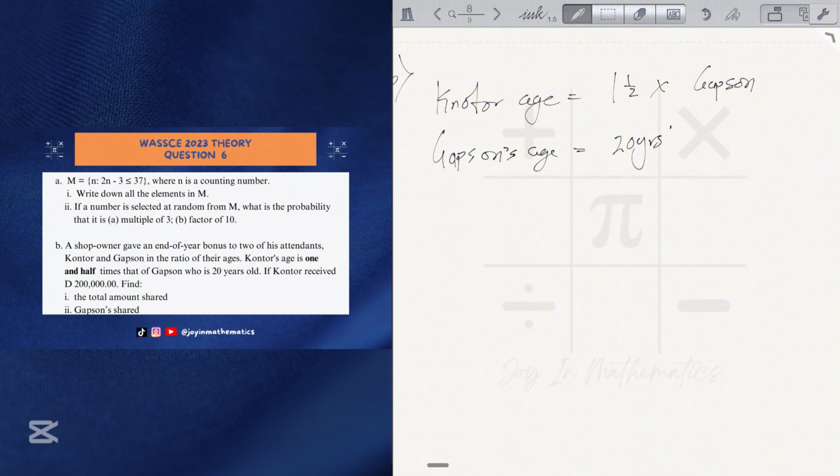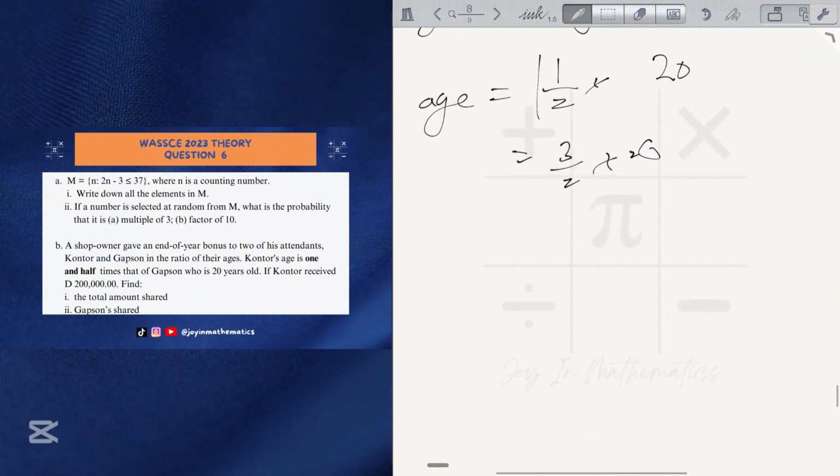So we can easily find Nontour's age: Nontour's age will be equal to 3 over 2 multiplied by 20, which is going to give us 30 years.